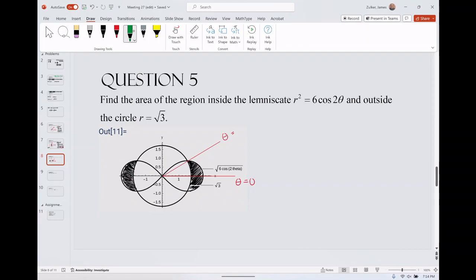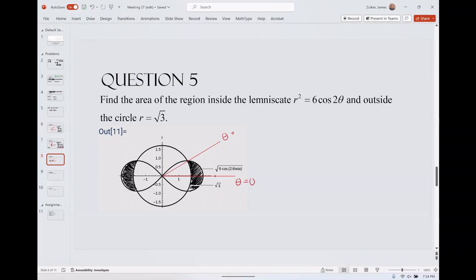Set this equal to this squared. Cosine of 2 theta has to be a half. Now, first quadrant means that the ray is going to be between 0 and pi over 2, which means we're only looking at a single angle.